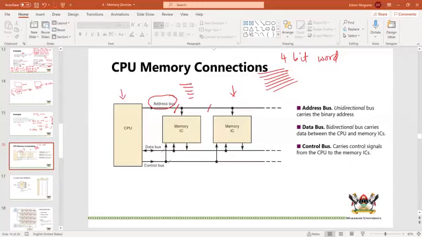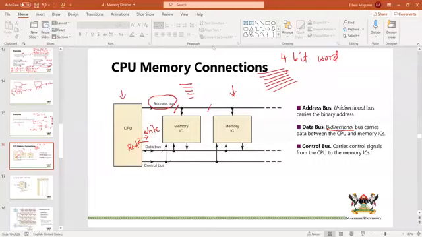Now, the data bus: the CPU sends information to memory to write, or it receives information from memory when it is reading. These do not happen simultaneously, and so we can use the same data bus to send information there or to receive information from there. That means the data bus is bidirectional. It moves in both directions, but not simultaneously.